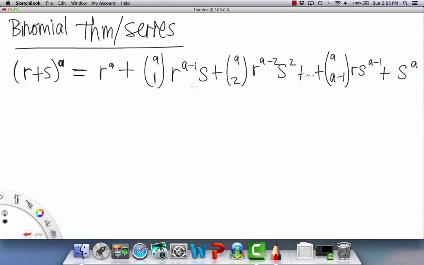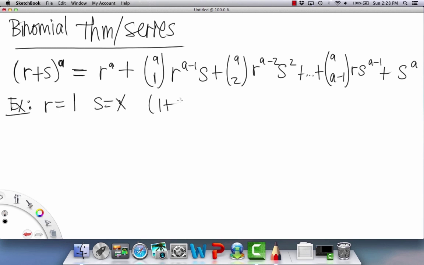I know this looks pretty confusing, but we'll do an example to make it a little bit clearer. Our example is when r equals 1 and s equals x. So what we have here is 1 plus x to the a power.